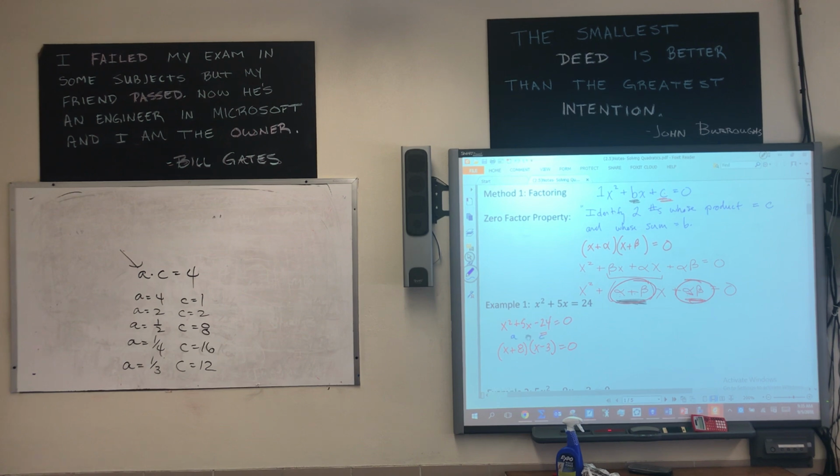If they're going to multiply together to give me 0, what's that tell me about x plus 8? It could be 0 itself. x minus 3 could be what? It could be 0. I have the word or here. So that gives me x equal to negative 8 and x equal to positive 3. Those are my two solutions.